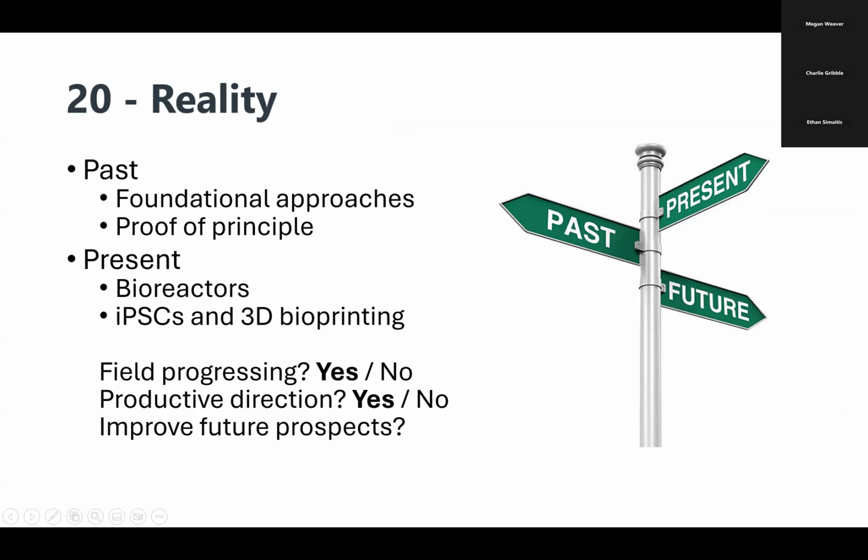So, what are a couple things that could improve these future prospects? One, stronger collaboration with clinicians, ensuring that these constructs are surgically relevant and tailored well. Two, focus on modular systems. Instead of chasing these integrated constructs from the start, we might gain more ground by assembling systems piece by piece, such as muscle plus nerve plus vessel, and merging them functionally.